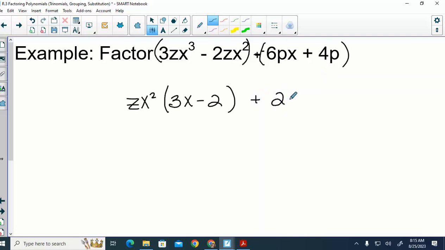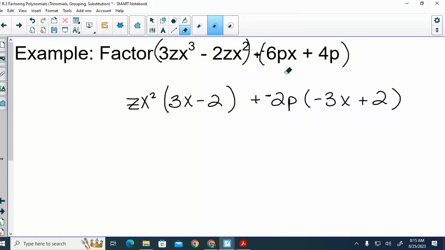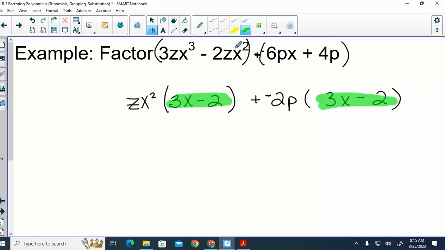If I take out a 2p, I'm left with negative 3x plus 2. Now I told you grouping works if these parentheses match. Do they match right now? No. Is there something I could do to make them match? What? Yeah. Let's take out that negative 2. So then if I pull out the negative, it would be a positive 3x minus 2. Now the parentheses match, so we can continue.